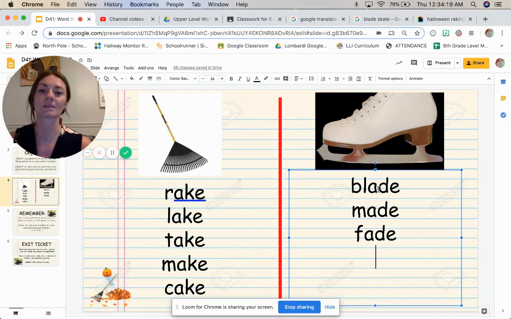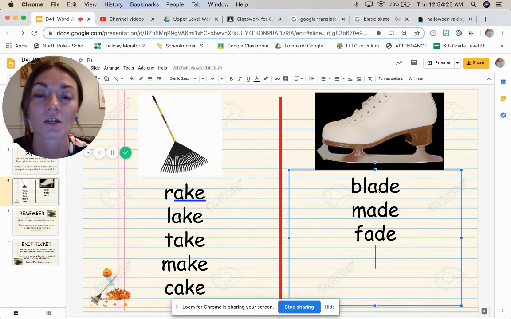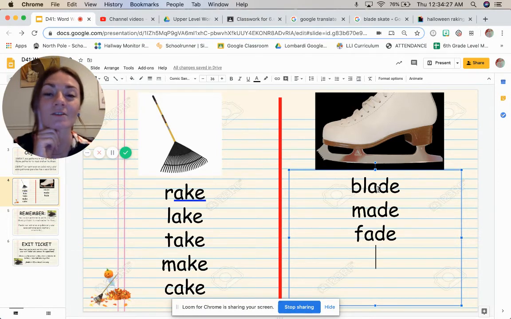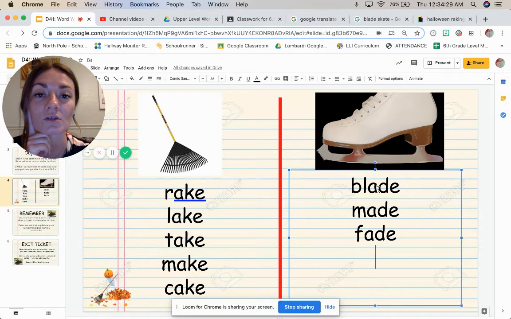Okay, think about this one for a second before I spell it. The next word is trade. Think about the letters of the sounds. Trade. How would you spell the word trade? Let's focus on the first sound that we hear.